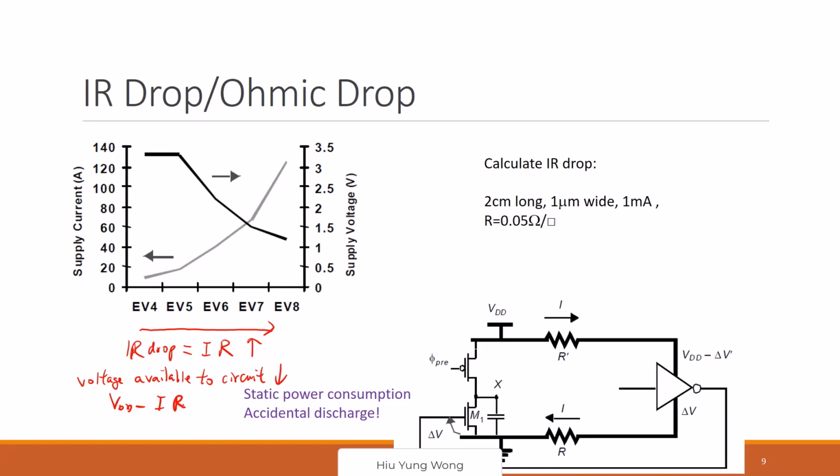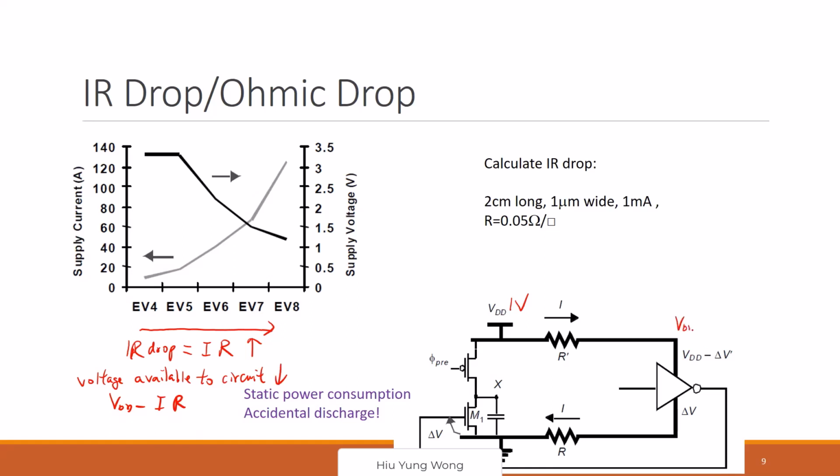Let's take an example here. For example, if this VDD from the power supply is, let's say, 1 volt, okay? And then you have a current going through here. Then what is the VDD that you get?